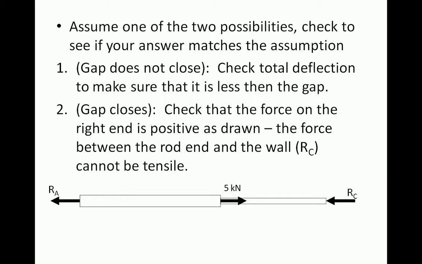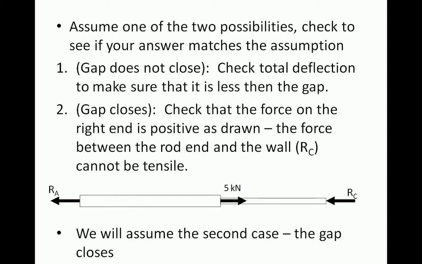If it ends up being the other direction, it would say that that end part of the rod was under tension, and that's not possible because the wall can only exert that compressive force on the rod. So we're going to take the second approach here. We're going to assume that the gap is going to be closed.